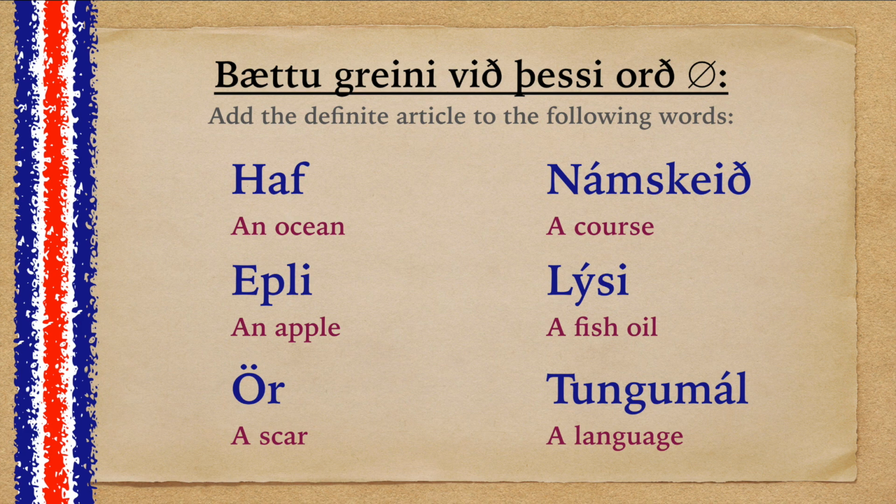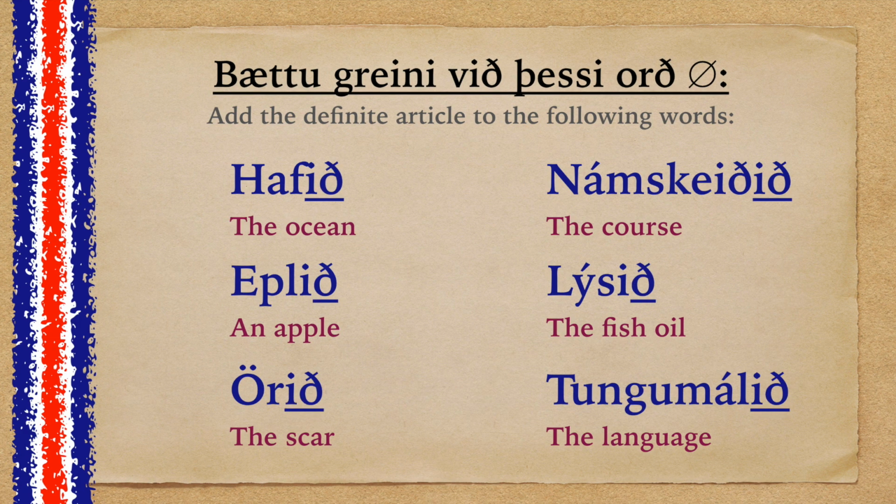Bættu greini við þessi orð, press pause, and now I will give you the answer. And here is the answer. Hafið, eplið, örið, námskeiðið, lýsið, and tungumálið, which literally means like a tongue language.